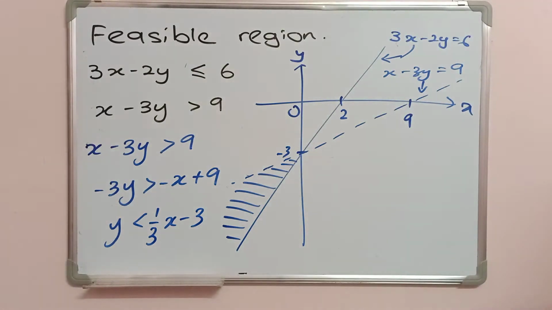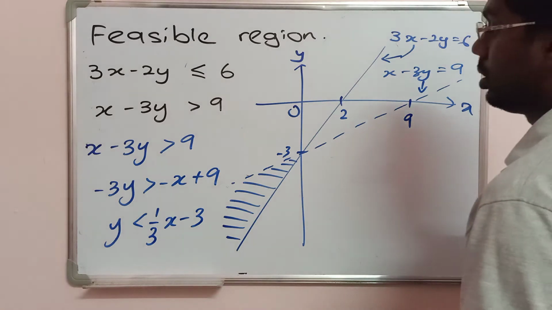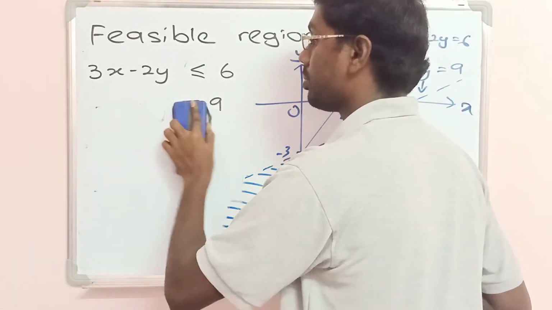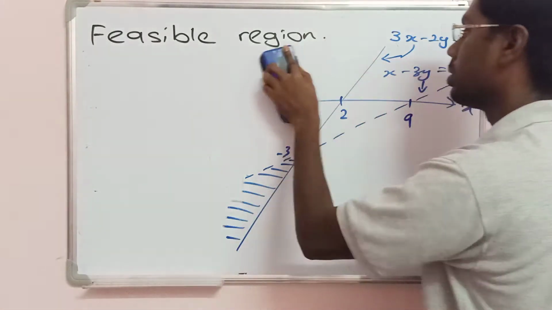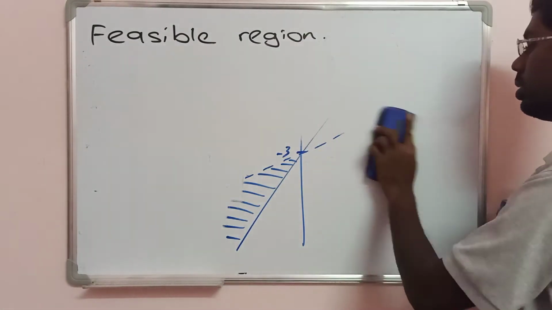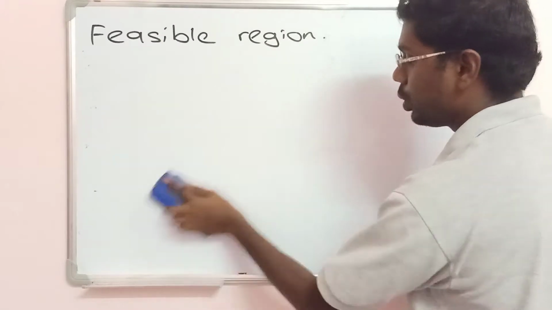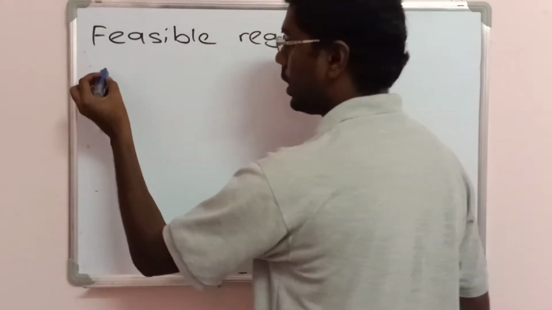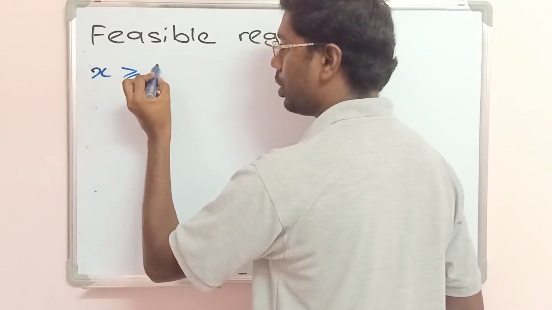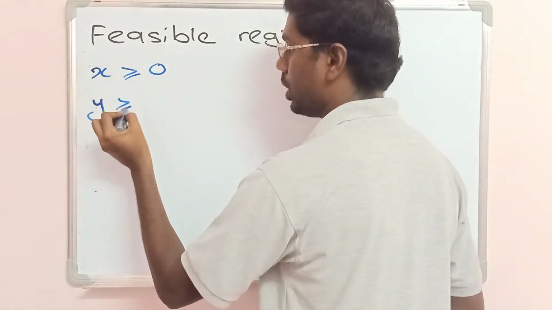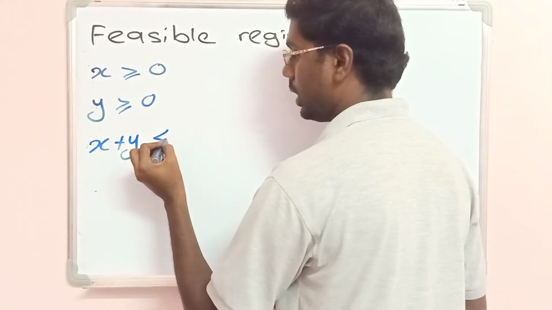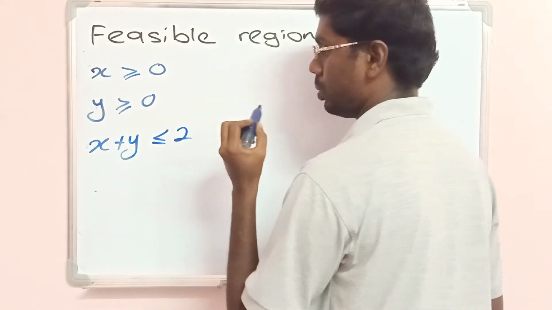Let's see what happens if we have three equations. For example, let's say I give you three equations: x greater than or equal to 0, y greater than or equal to 0, x plus y less than or equal to 2.